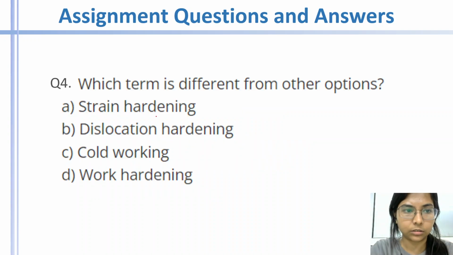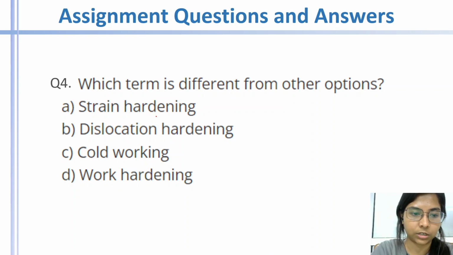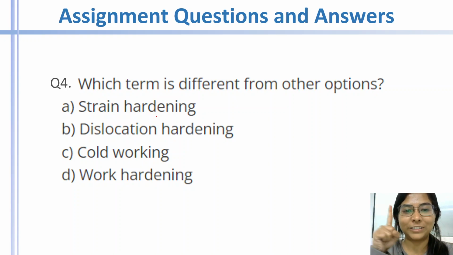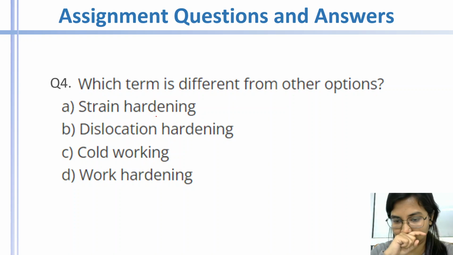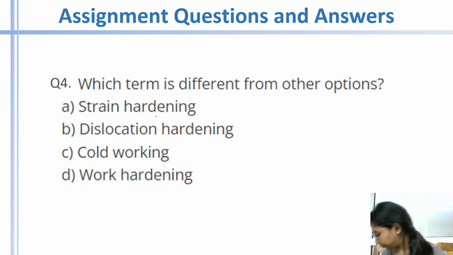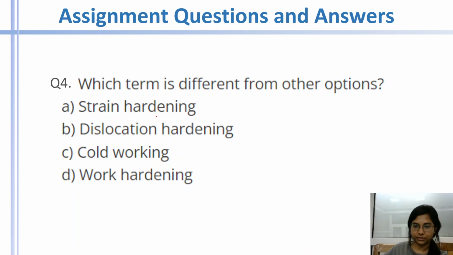Question 4 is, which term is different from the other options? We have strain hardening, dislocation hardening, cold working, and work hardening. They may all seem similar to you, but one term is different from the others. I'm going to give you some time to think about it.